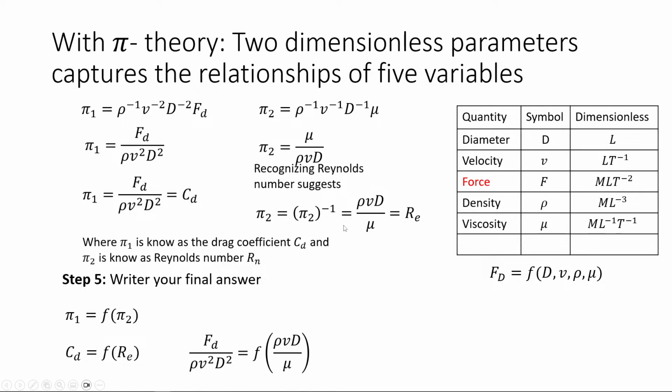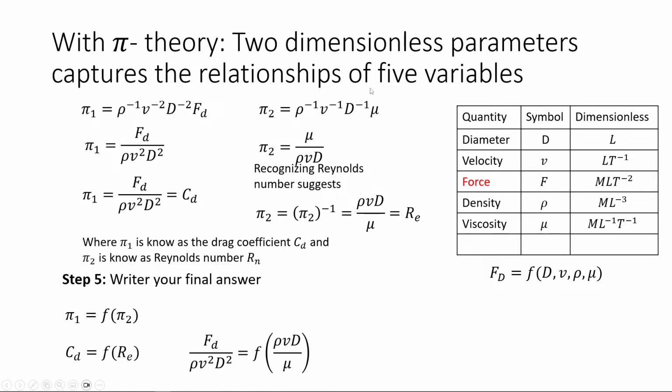So now I reorganize it as my pi 2. And here for my pi 1, I recognize this is something that I know, the drag coefficient. So now I have a relationship between my pi 1 as a function of pi 2. That's the drag coefficient as a function of the Reynolds number.